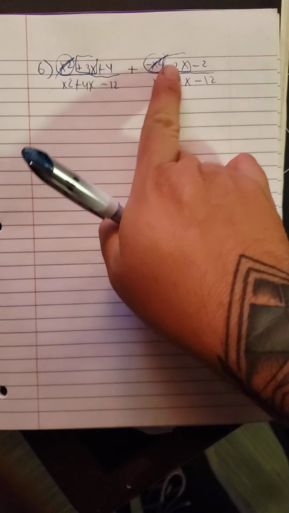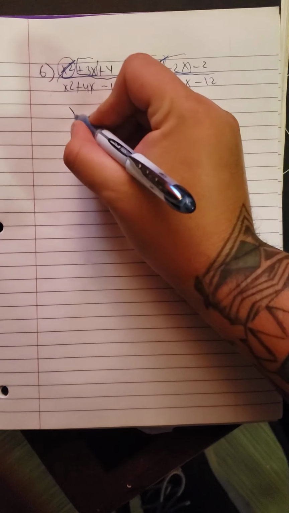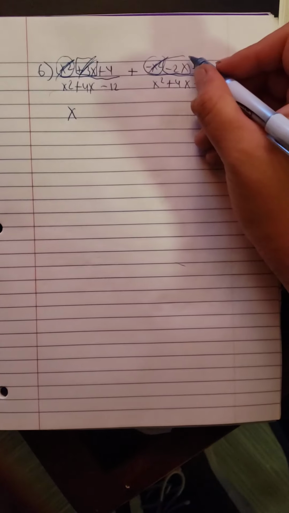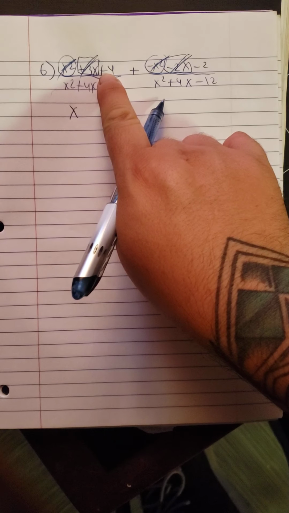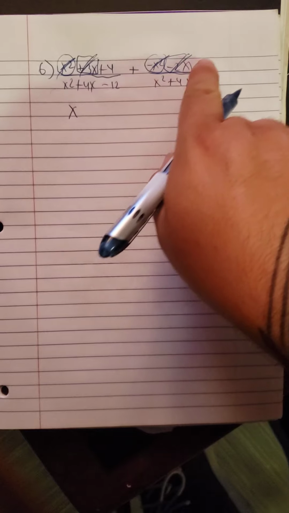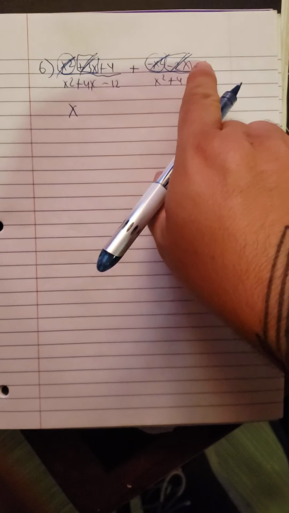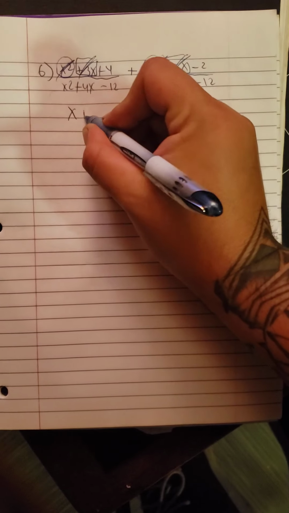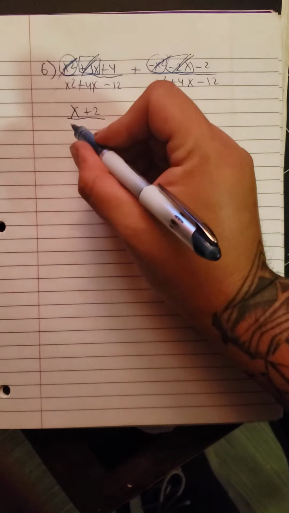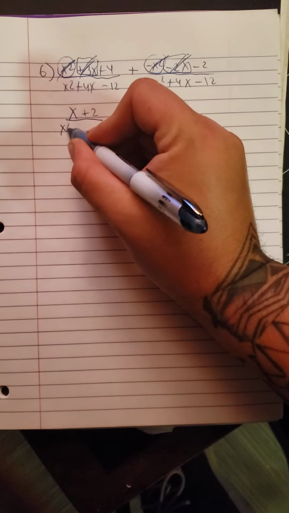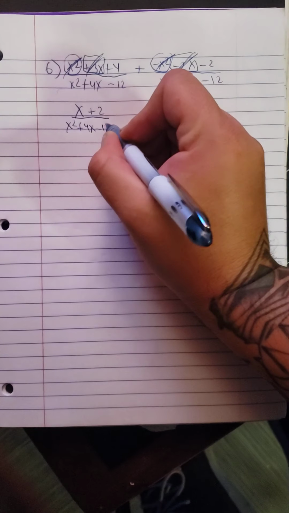So plus 3x minus 2x, that's x. So I'm going to write it. Then I get rid of it because I already added them. And then I have plus 4 minus 2, so plus 4 minus 2, that's just going to be plus 2. And then I'm going to copy the same denominator. So x squared plus 4x minus 12.